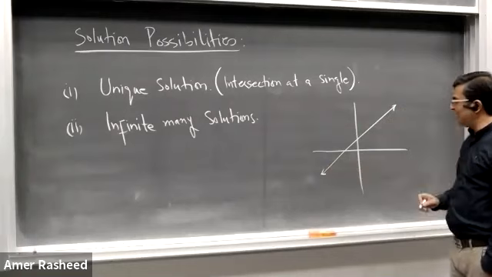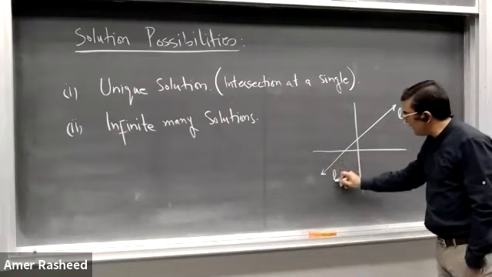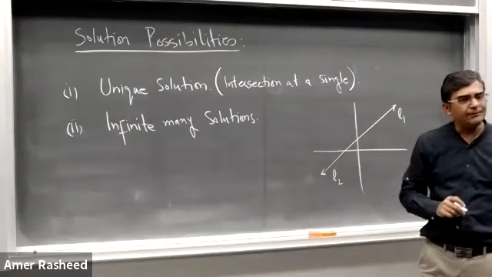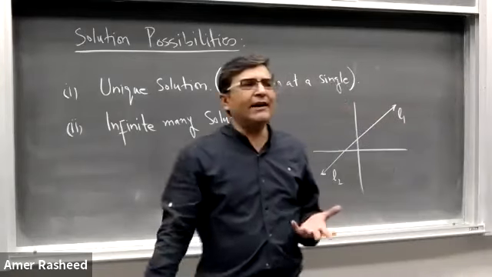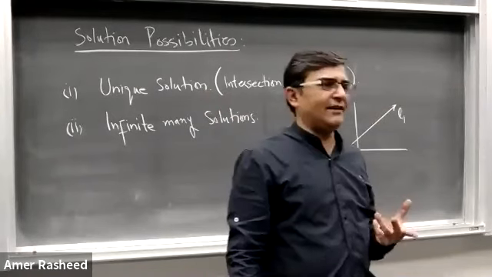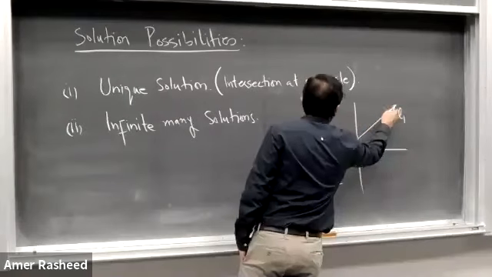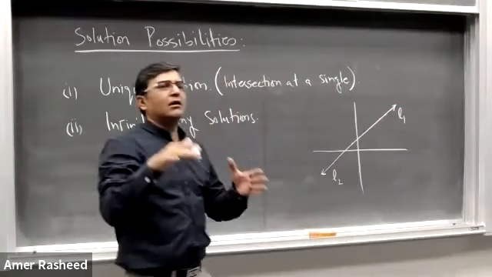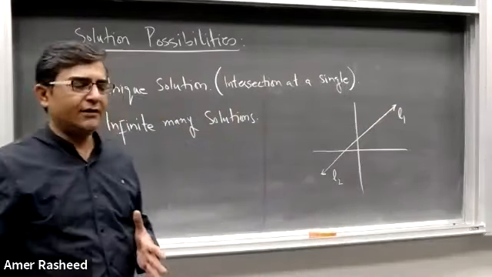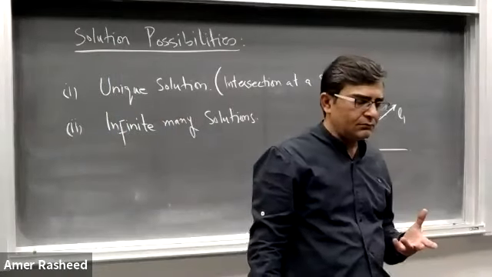The first line is line 1, and the second line is again on top of the first line. Then how many points are there which are points of intersection of these two lines? There are infinitely many points of intersection, because the two lines are on top of each other. So there are infinitely many solutions.